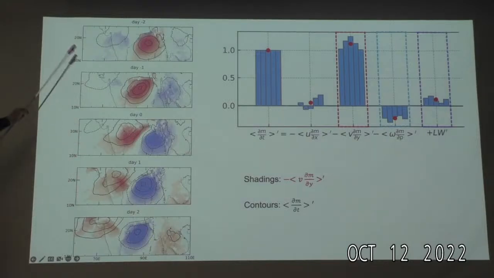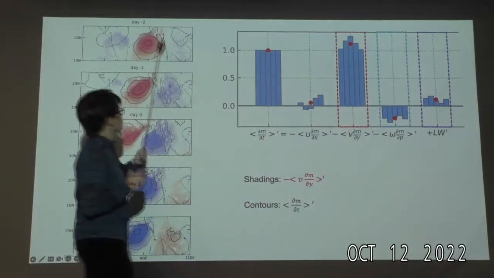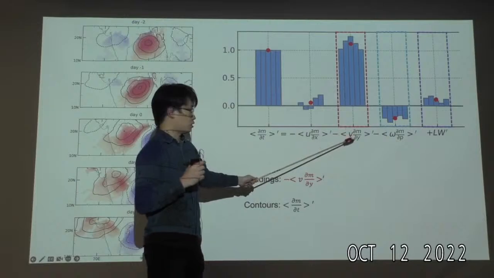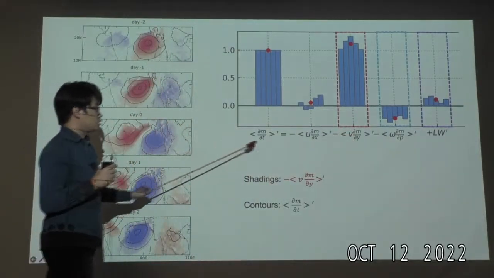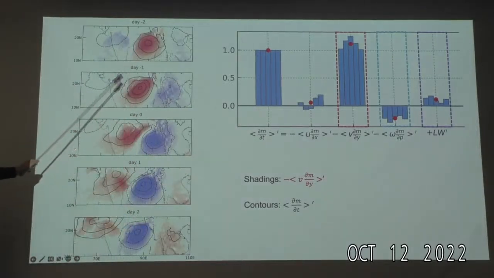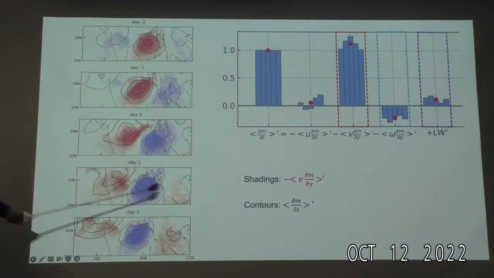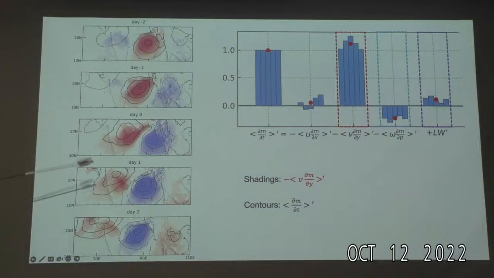So this panel here is showing the movement of our major contributor. The shadings show the zonal advection of MSE, and the contours show the MSE tendency. You can see that they are correlated, they are in phase with each other. So yes, I think this is the major contributor to our tendency term.